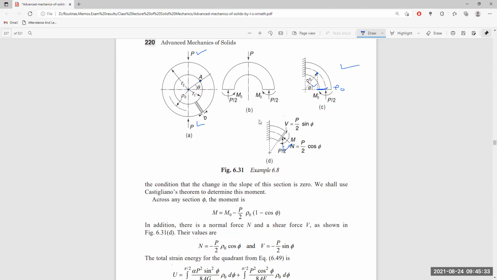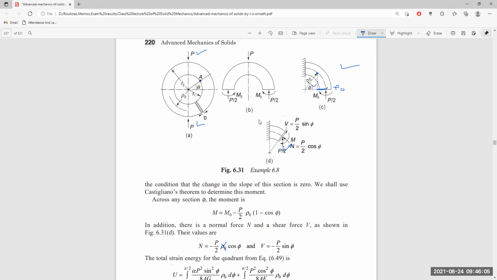The normal force N is P by 2 cos phi, and V, the shear force, is P by 2 sin phi. So the normal force N is P by 2 cos phi and the shear force V is P by 2 sin phi.